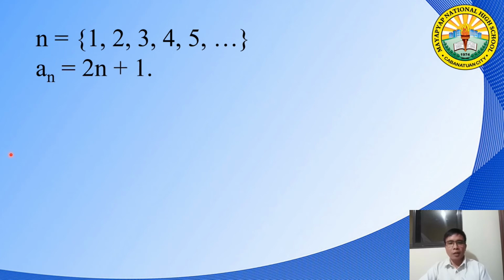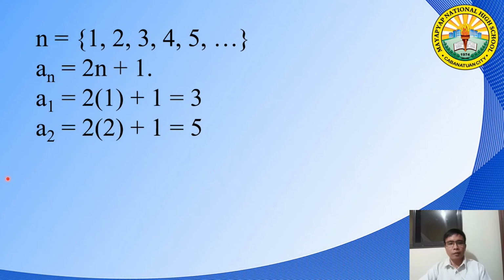Substituting these numbers in the equation a sub n equals 2 times n plus 1, then a sub 1 equals 2 times 1 plus 1. 2 times 1 is 2 plus 1 equals 3. A sub 2 equals 2 times 2 plus 1. 2 times 2 is 4 plus 1 equals 5.